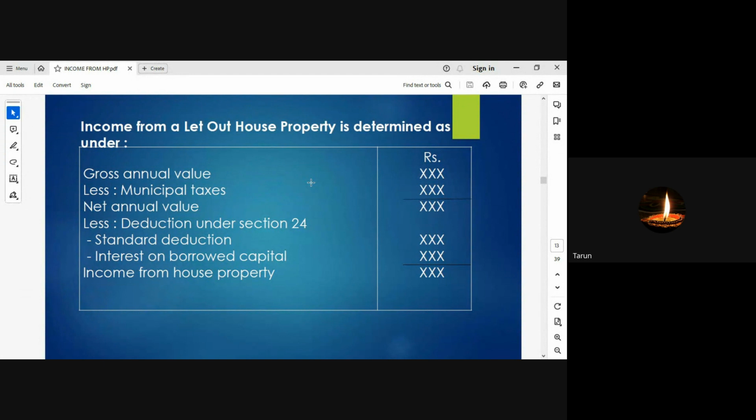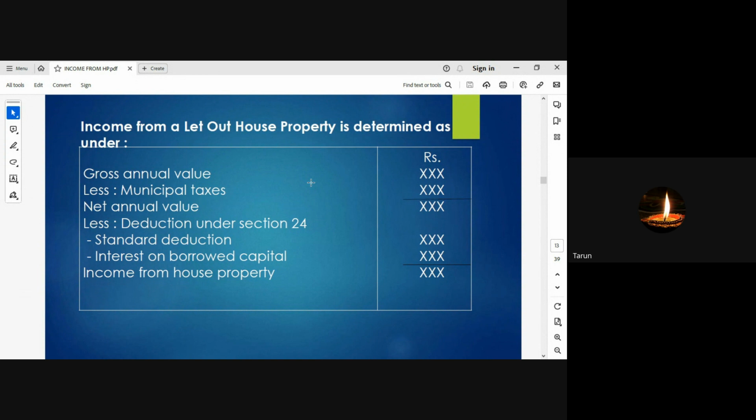If a multiple choice question is asked about the terms used in calculating the gross annual value or the net annual value, or whether we deduct or add the municipal taxes from the gross annual value, how would you answer? You can easily answer if you go through this slide.